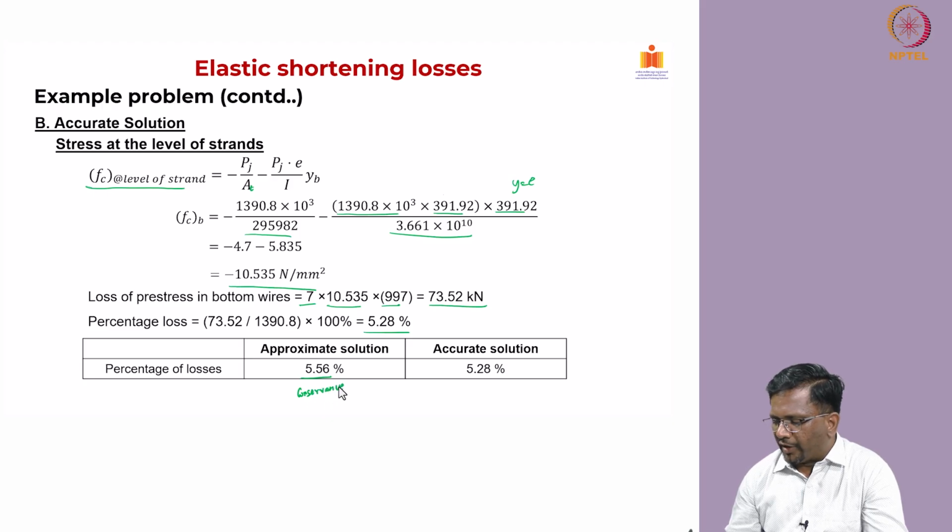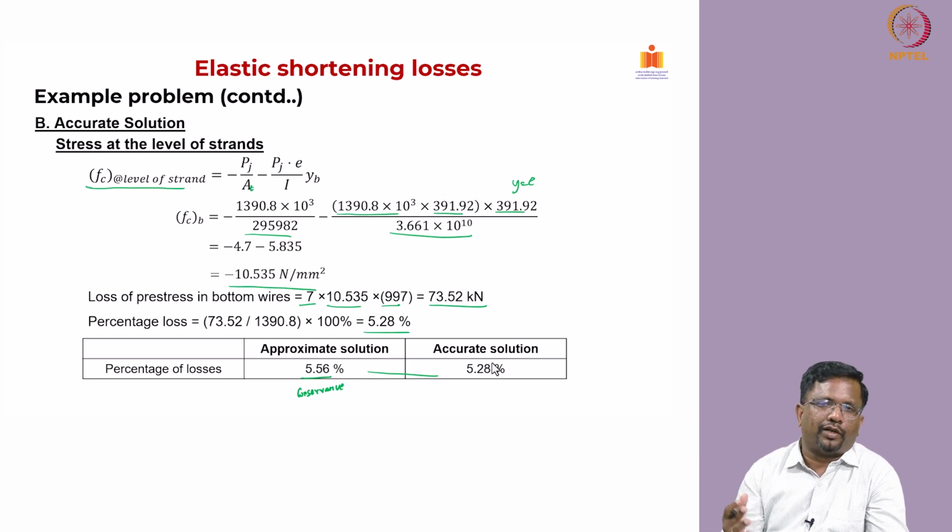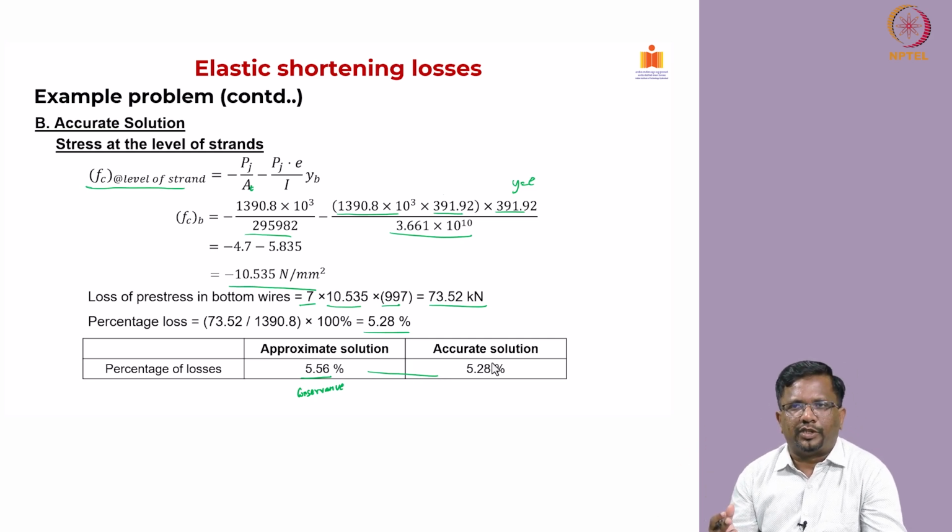okay. In fact, in losses it is always better to be a little conservative in estimation, so that you do not have any cracking or deflection issues, but at the same time it should not be too conservative also. But here you see the difference is not really much, they are nearly the same, but for the accurate solution I have to calculate the transformed section, that is the difficult part, right.